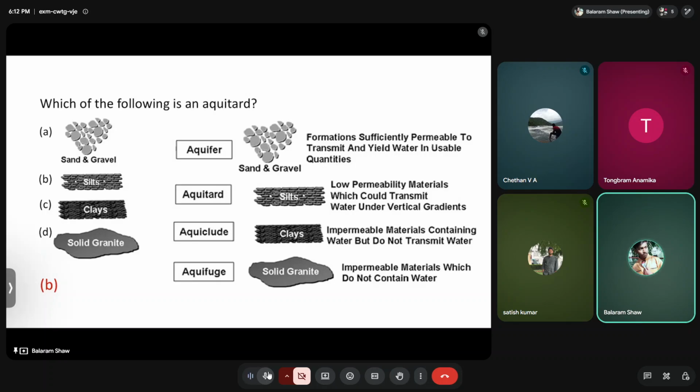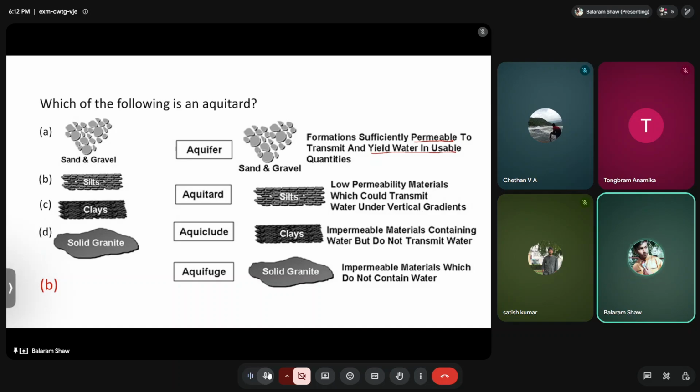Just to revise, what is an aquifer? An aquifer is a formation that is sufficiently permeable to transmit and yield water in usable quantities. For example, materials like sand and gravel are porous as well as permeable. We'll come to the terms porosity and permeability in today's session.